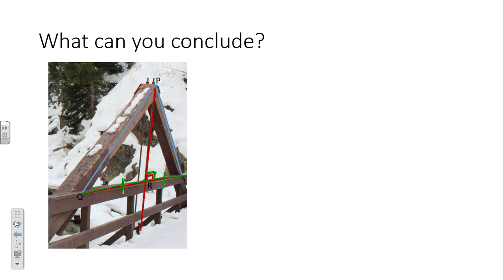Yep, segment QR is going to be congruent to segment RS, or the distance between Q and R is equal to the distance between R and S. Oops, not Q and R, my fault. P to Q.